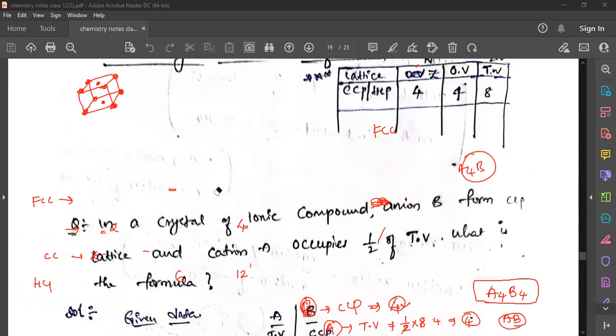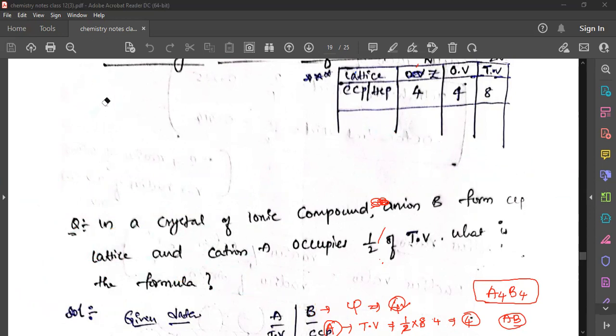Any doubts in this calculation part? Clear? Or any doubts in this?